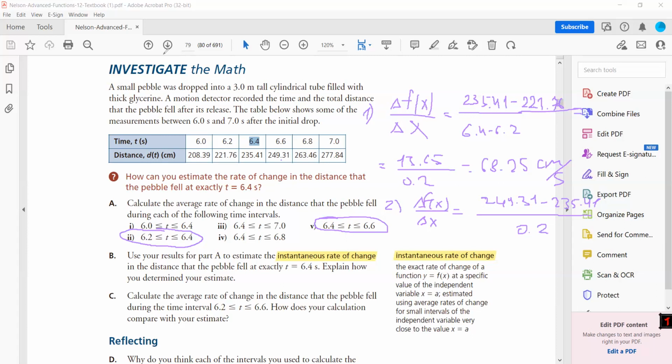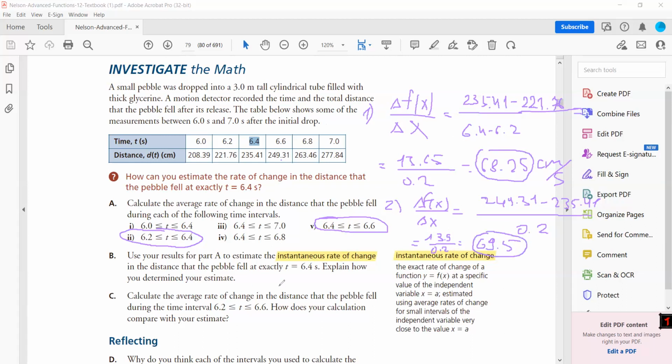We would have 249.31 subtract 235.41, 13.9, divided by 0.2, and we get 69.5. And look, in this interval we have 68.25. In this one we have 69.5.